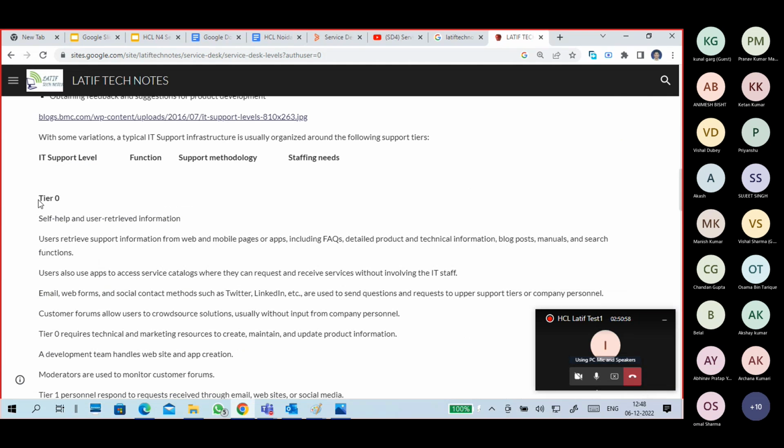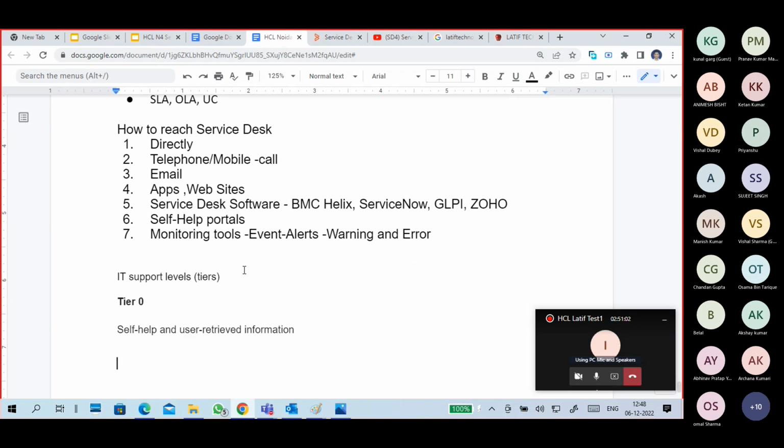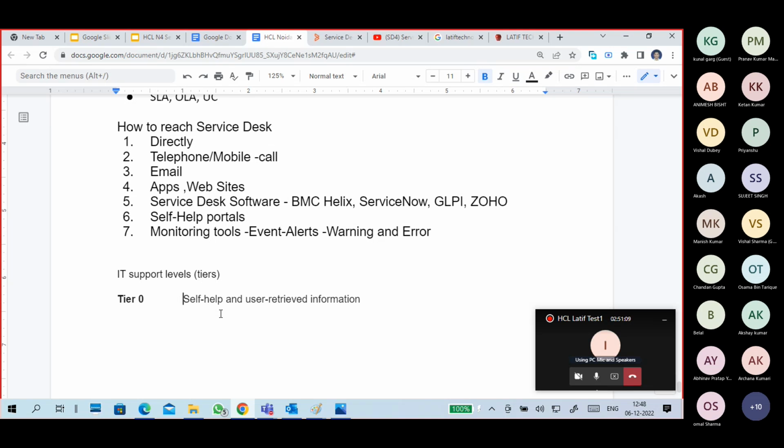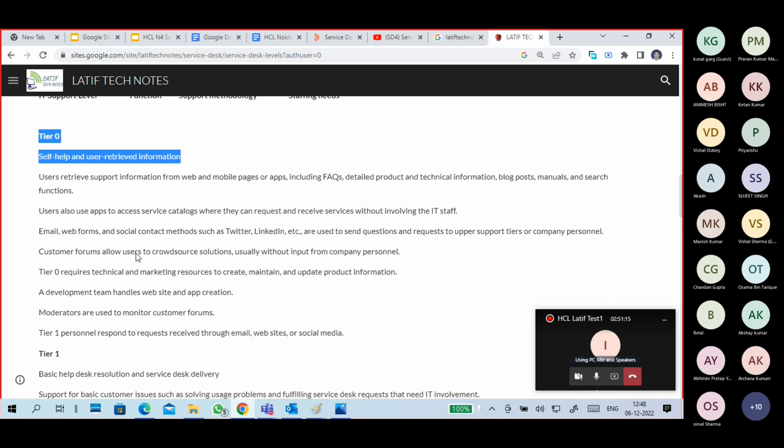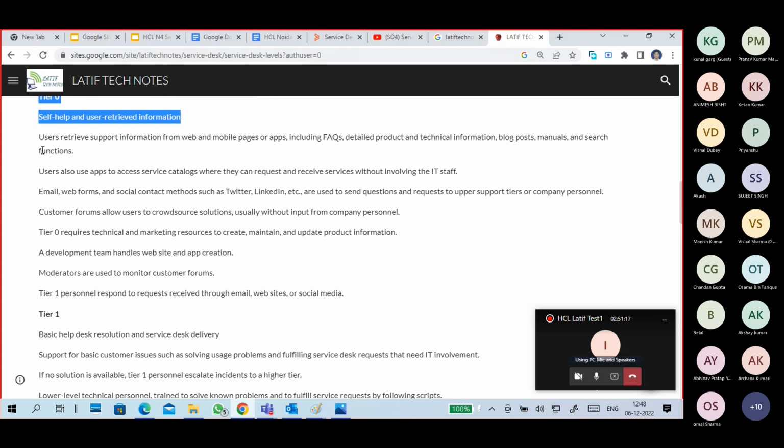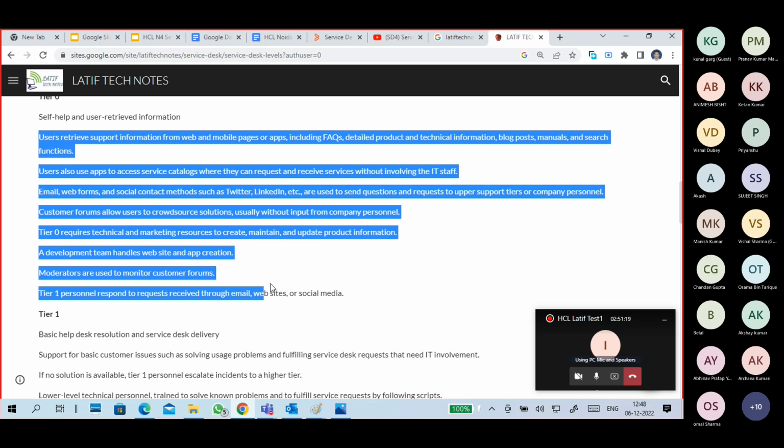Yeah, we have time. This is Tier 0. I told you, self-help: the user can directly retrieve information from the help. There is also information here. Please read those things.